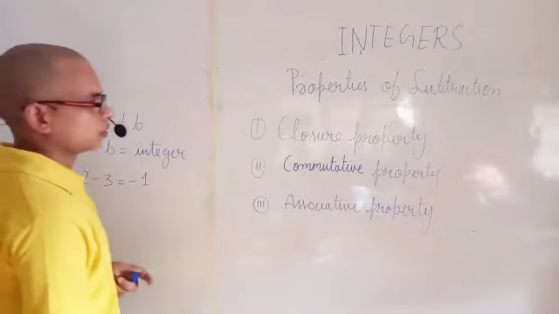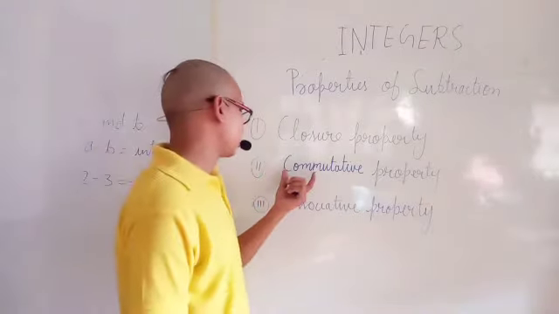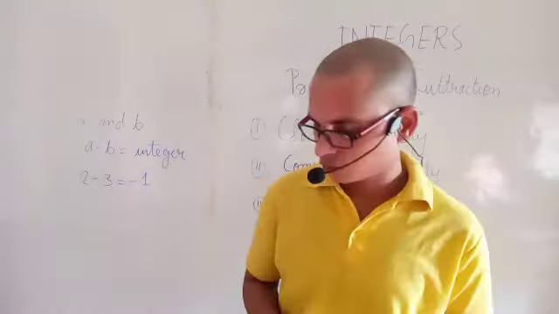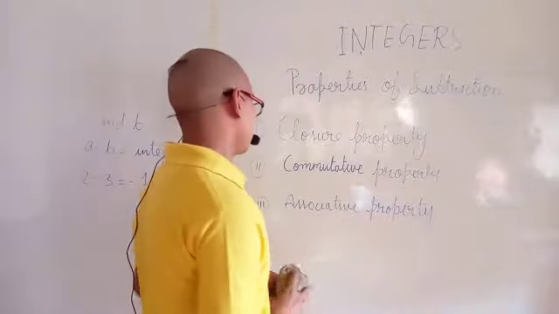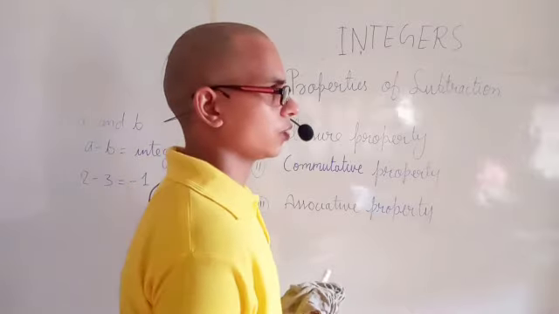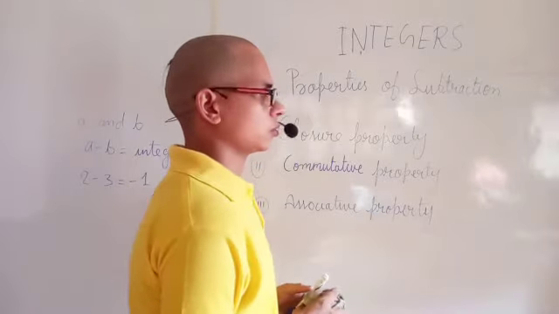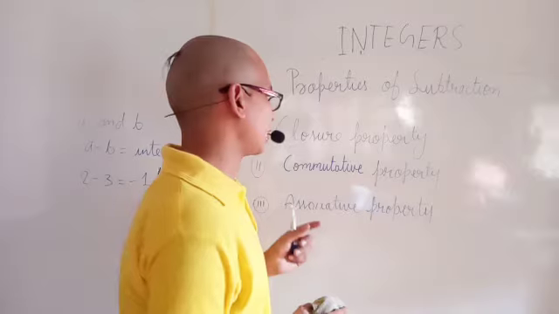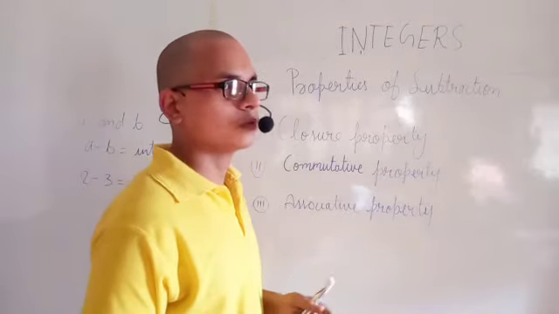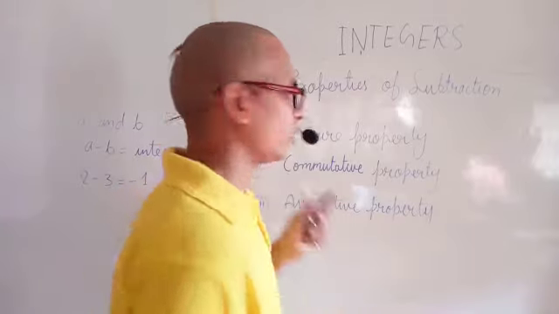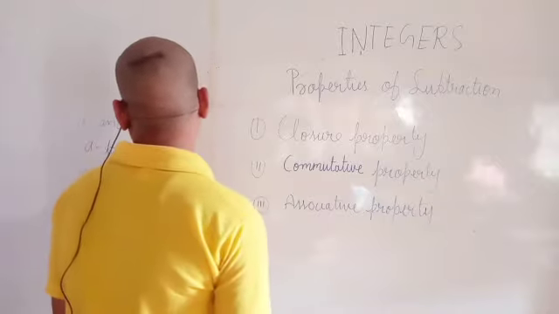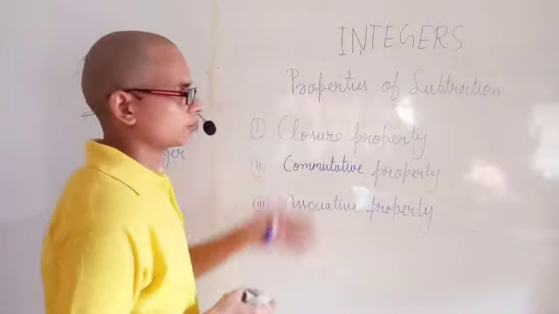Now the second point is the commutative property. What is the commutative property? It says that if we take two integers a and b, then, as we saw in the previous video, the sum of a and b is equal to the sum of b and a. In the same way, does the commutative property apply to subtraction or not?